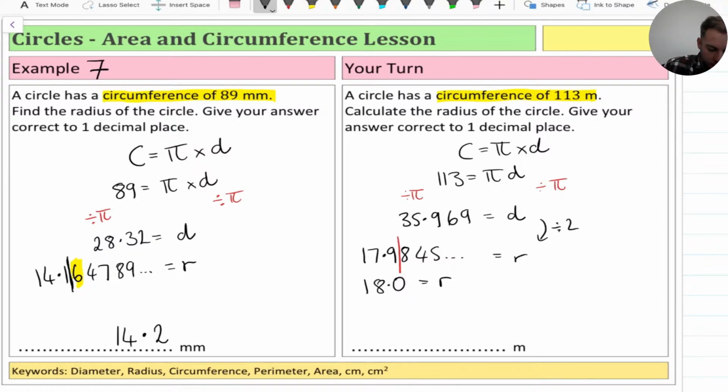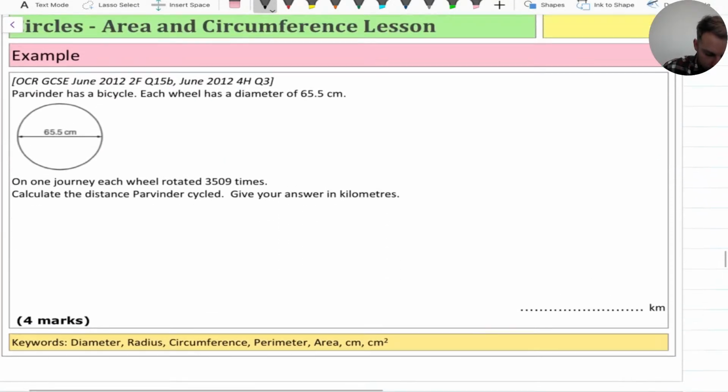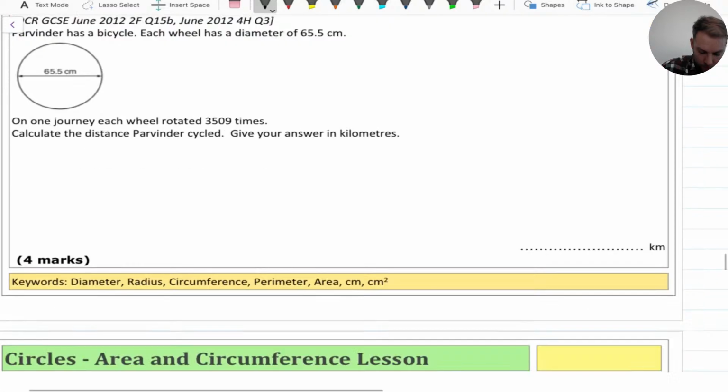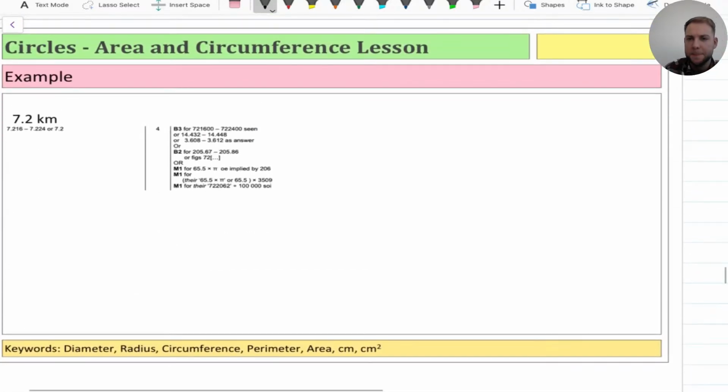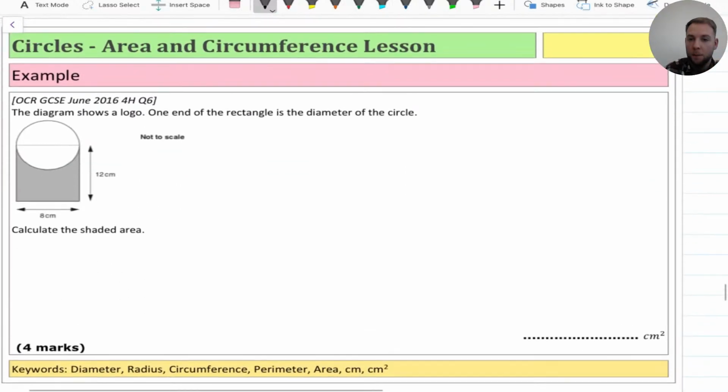Okay, if you are catching up at home, I'm going to show you the next few questions. So there's a question there. Pause now and have a go at that if you're catching up at home later. And there's your answer for that. Pause and have a little go at that one.